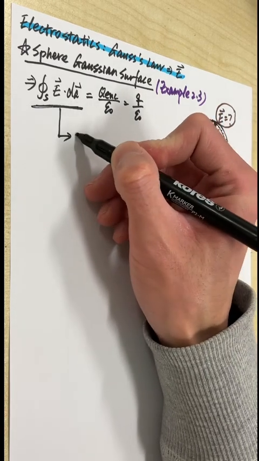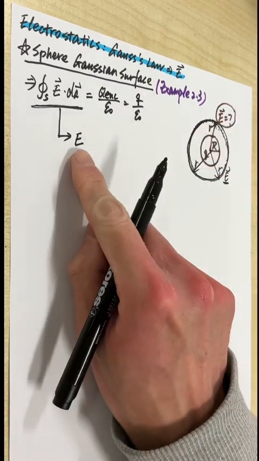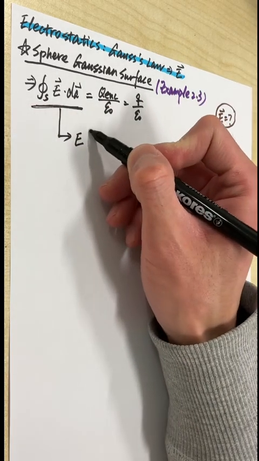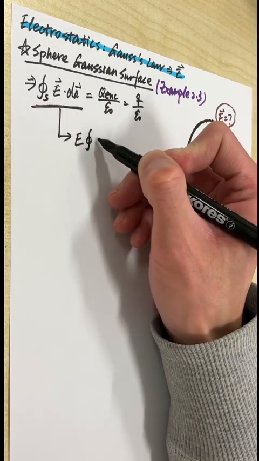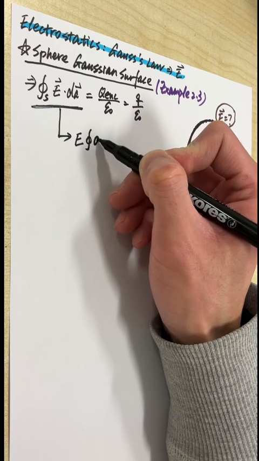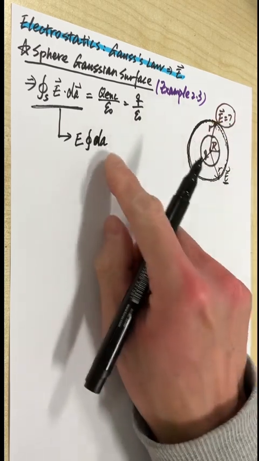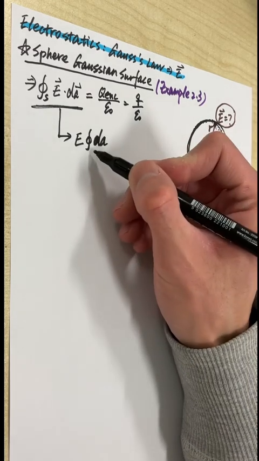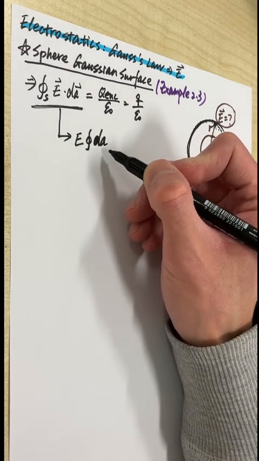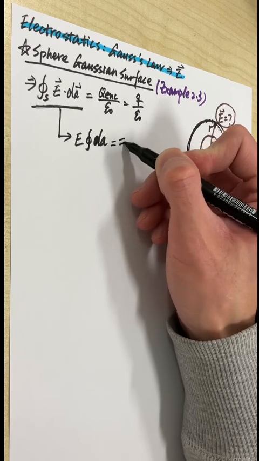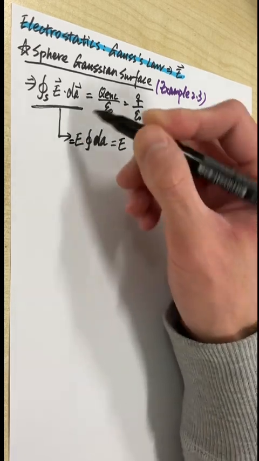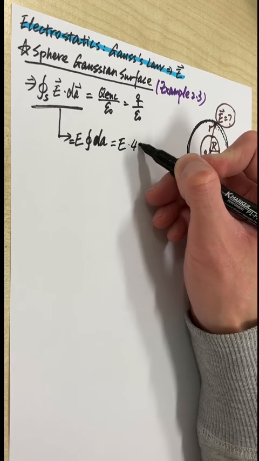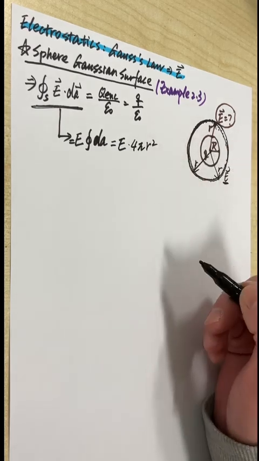So we can move the magnitude of the electric field outside of the integral, and then the integral is just the total amount of area of the sphere, which is 4 pi r squared. So this integral equals E multiplied by 4 pi r squared.